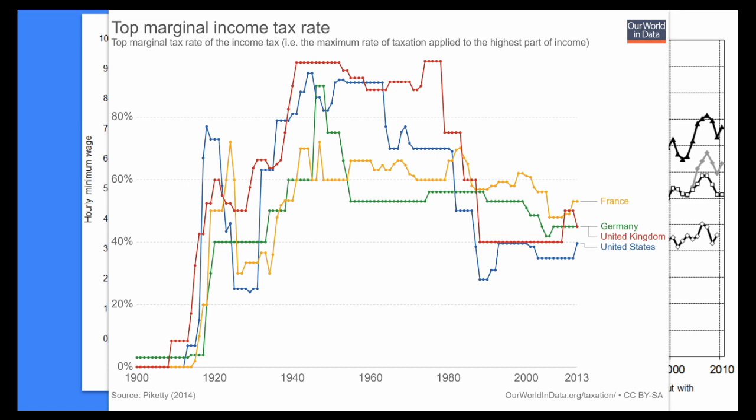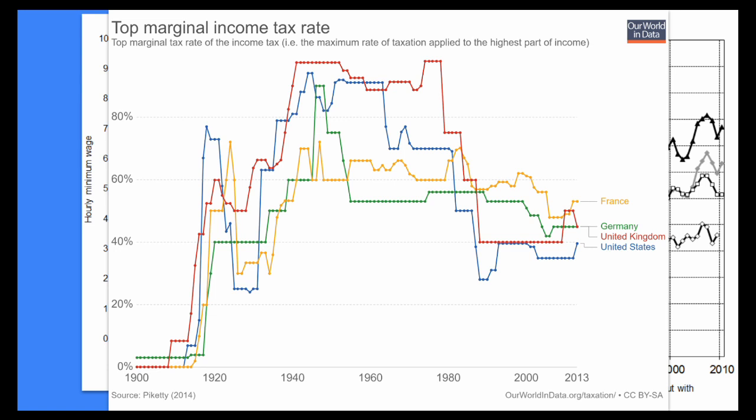Which almost becomes a cap on wages or a cap on income, because if you're making $1 million and at the $1,000,001 you are going to get taxed on that dollar at 99 cents, it's a real disincentive for you to try to make any more money than $1 million. What's the point when that extra dollar that you make, 90% of it is going to go to the government?